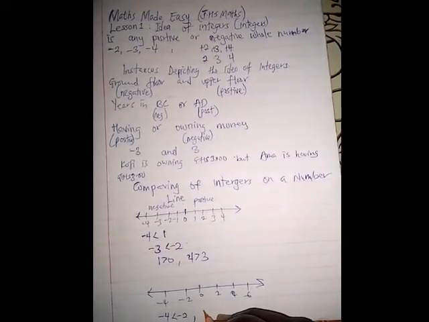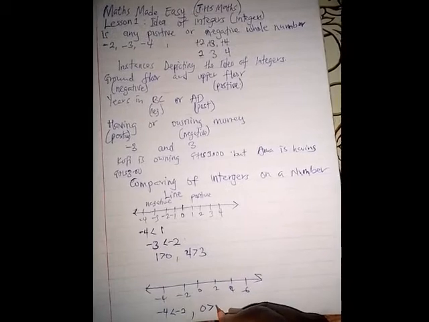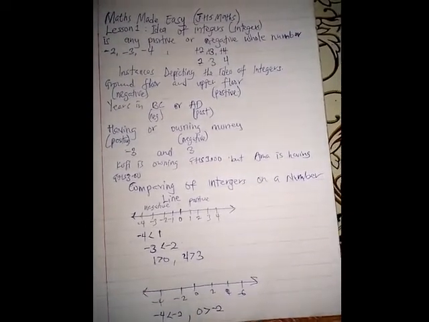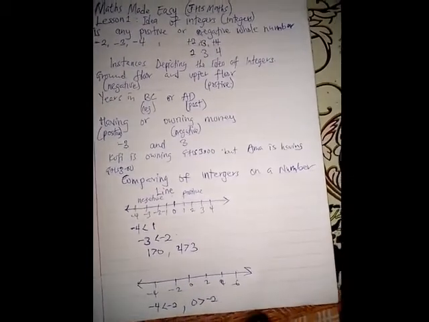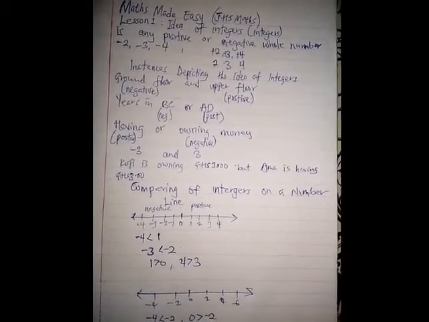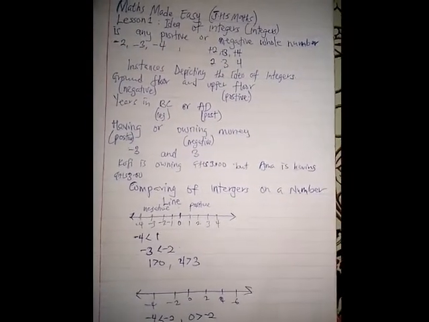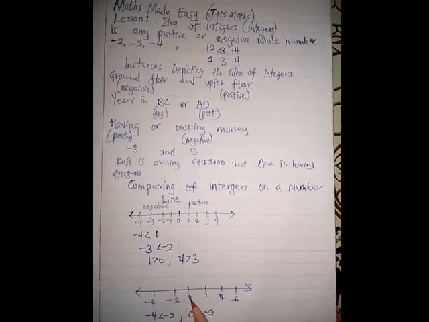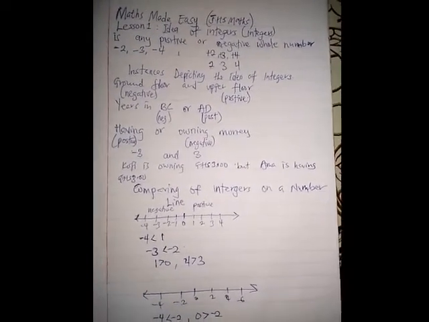Then we have even 0 greater than negative. I said when a number is at the right side of a certain negative, then that number will automatically be bigger than the number we're talking about. So 0 is at the right side of -2, which means 0 is greater than -2.